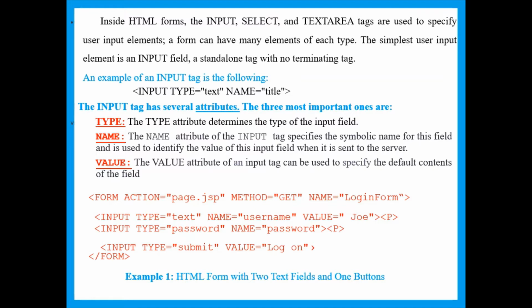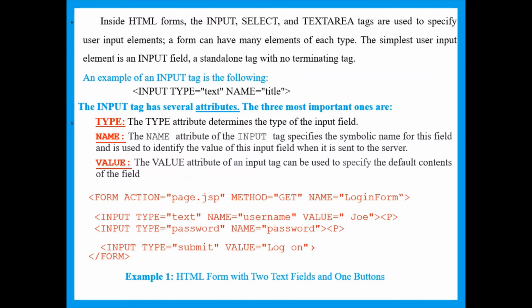The name attribute of the input tag specifies the symbolic name for this field and is used to identify the value of this input field when it is sent to the server. Name has to be set for input tags of all types except submit and reset. In the above example, we specified title as the name of the input field.